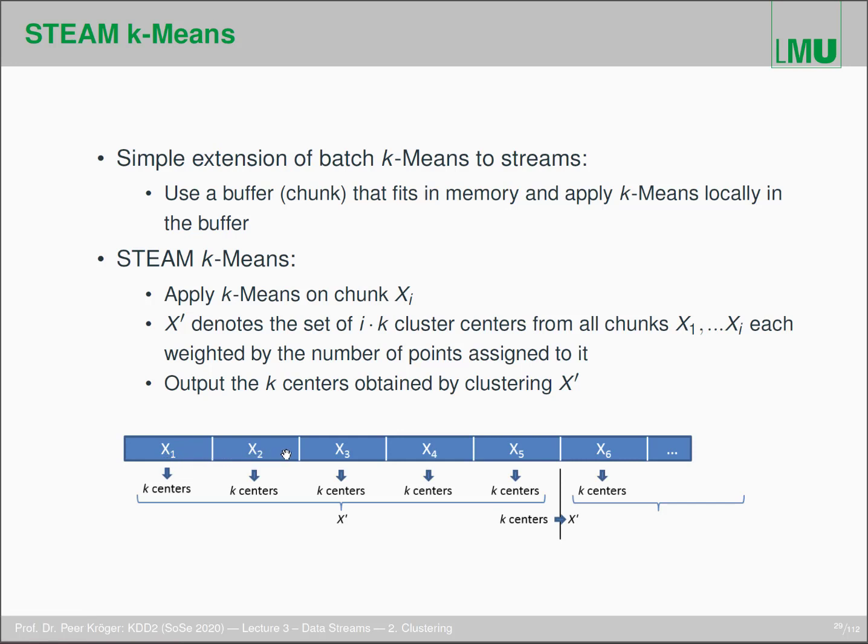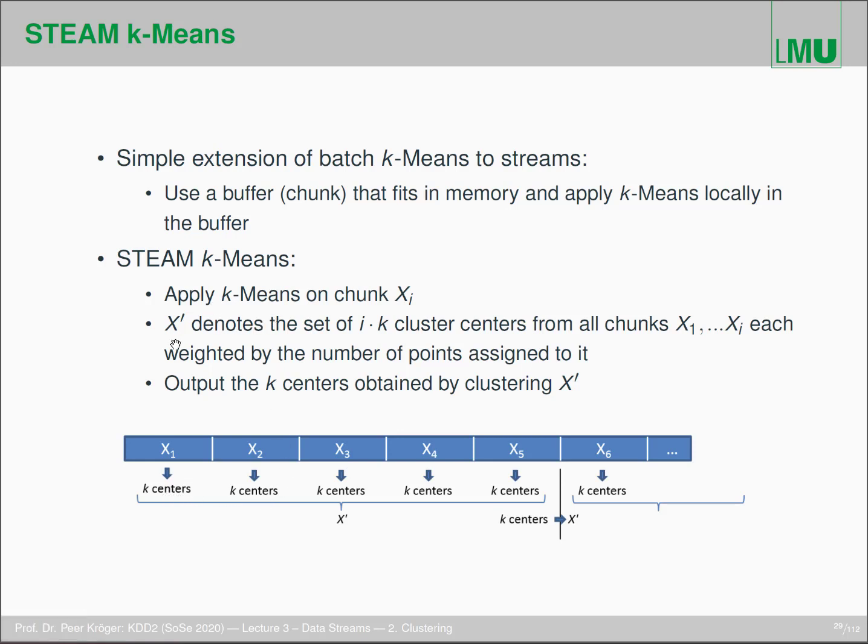Meanwhile, the second chunk is filling up, so to say. Then we apply k-means on the second chunk. In parallel, the third chunk fills up, so we compute k-means on the third chunk, and so on and so on. So for each chunk, since we apply k-means, we get k cluster centers.